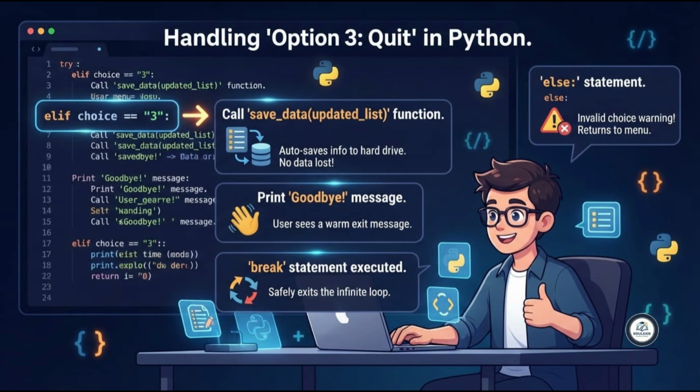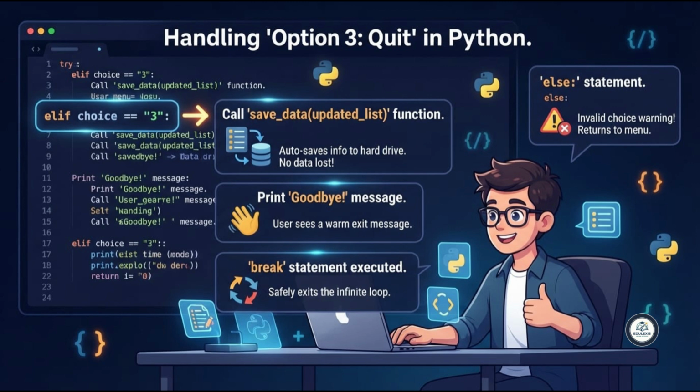What happens if the user selects option 3 to quit? We handle this inside our final if choice equals 3 statement. Before stopping the program, we call our save_data function, passing it our updated list. This auto-saves all information directly to the hard drive, ensuring no entry is lost.